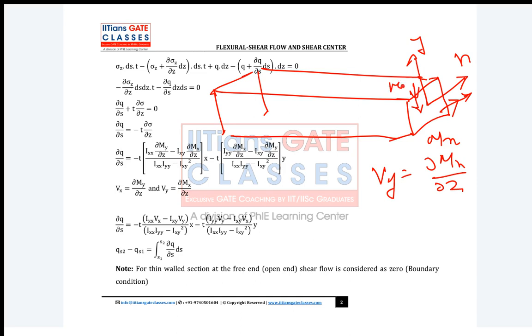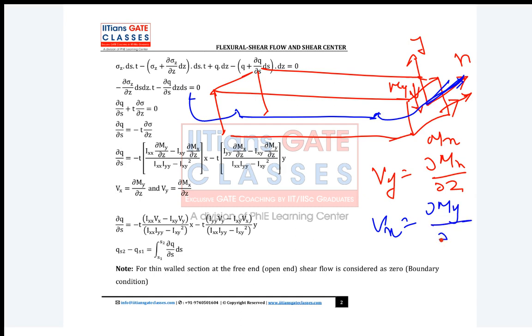Now guys, if My is varying, you can see the bending due to My is like this, right? Perpendicular to this is the x-axis. So what is Vx? It is dMy by dz. Is it clear?